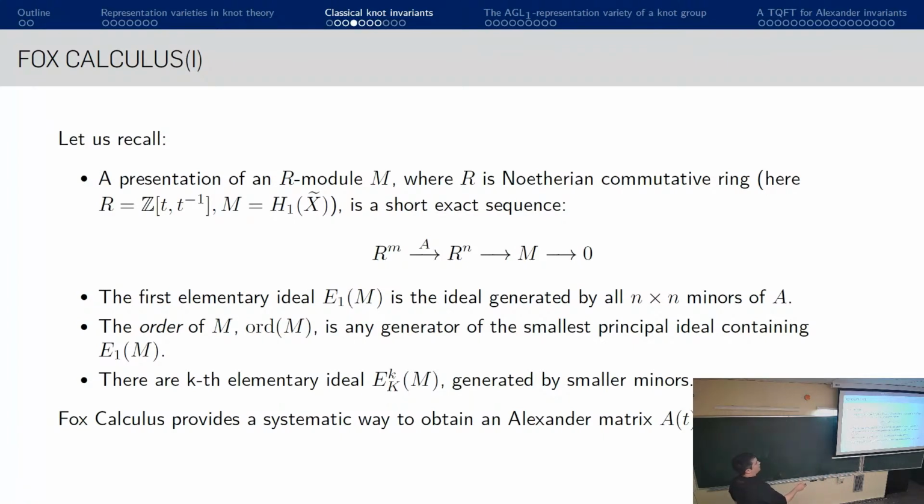And then a presentation is a short exact sequence like this one, and A is a matrix presenting your module M. So for that matrix with coefficients in R, if you take the n minus something minors, the biggest minors that you can get there, the order is any generator of the smallest principal ideal containing those minors. And then using smaller minors, you can also define other elementary ideals, which we're not going to get into. Fox calculus is a systematic way to obtain an Alexander matrix for any knot.